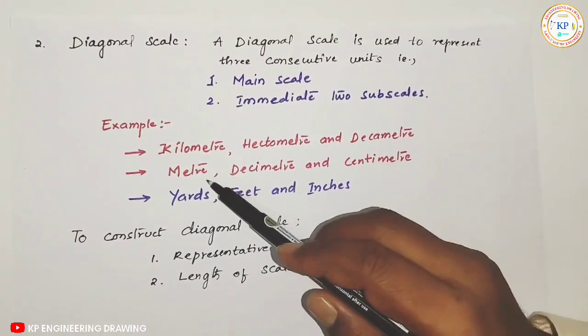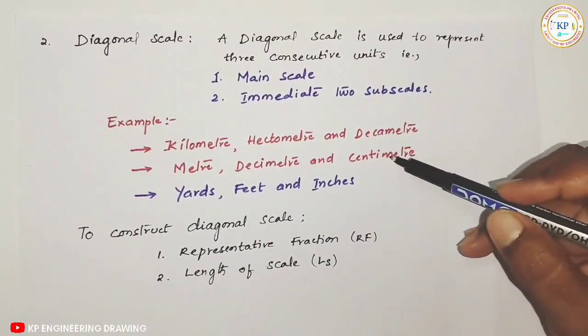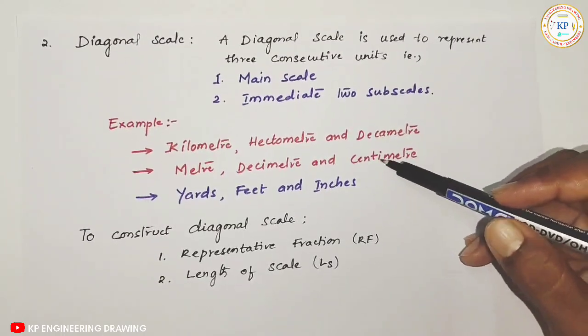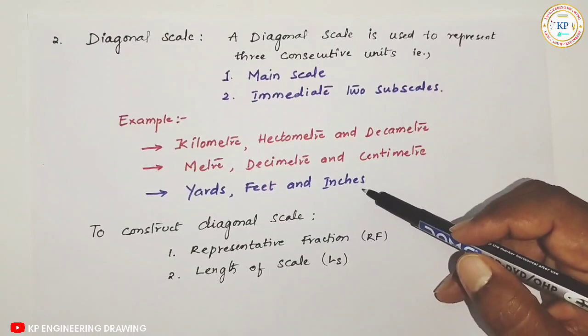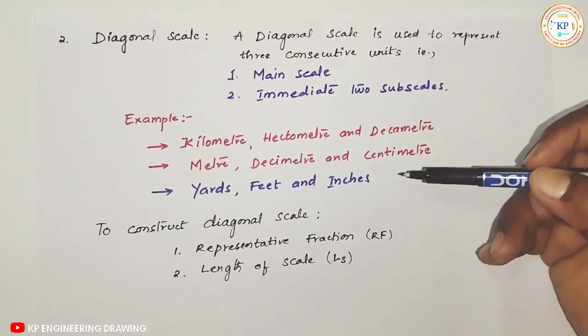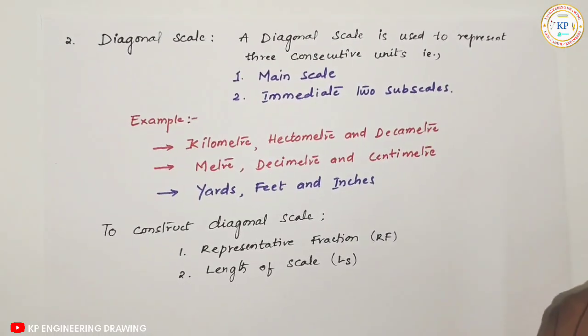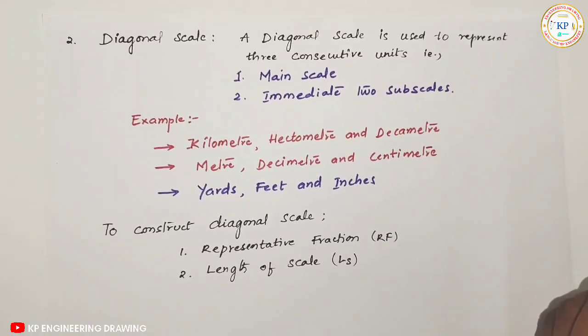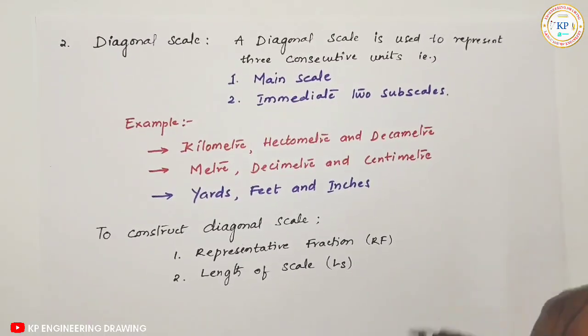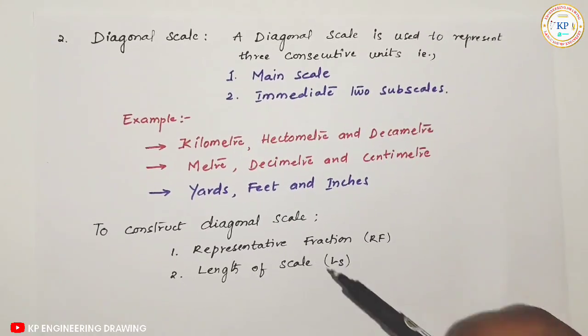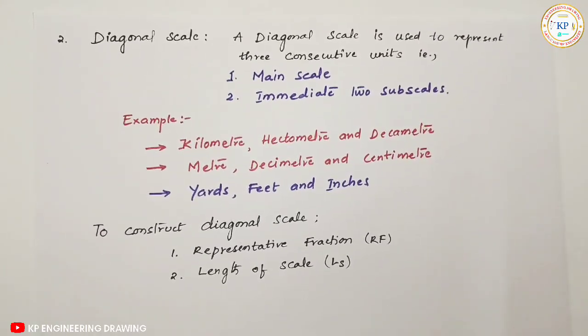If you take meter, decimeter and centimeter, those are its subscales. In the British system, yards, feet and inches. In diagonal scales also, if we want to construct a diagonal scale, we need to find out again 2 things: number 1 representative fraction and number 2 length of scale.